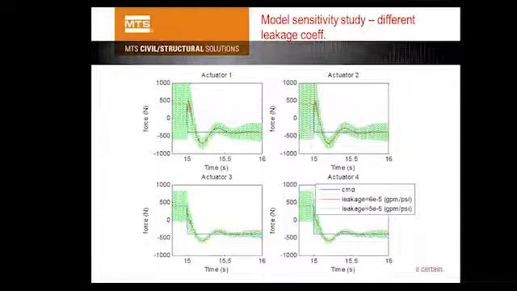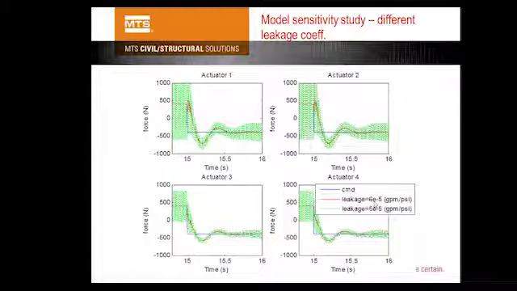For example, these are 2 different values we chose, in units of GPM per PSI. When you assume a different leakage number in the model, there is a borderline you suddenly cross. Before that it's quite stable, and after that it becomes very unstable. So that's another thing I want to show you.